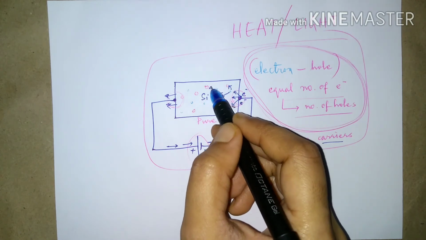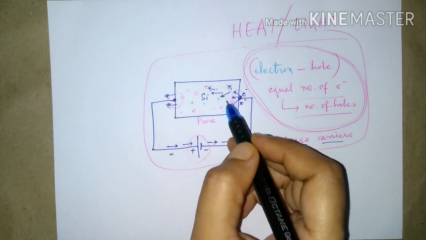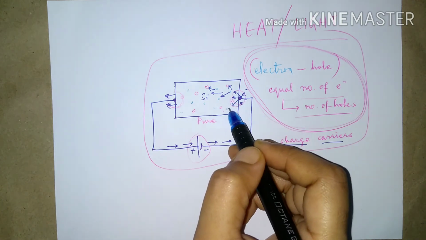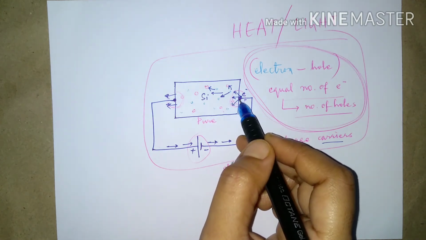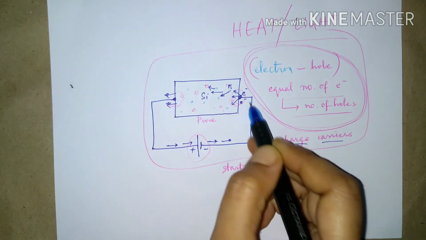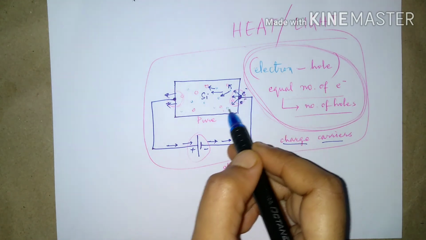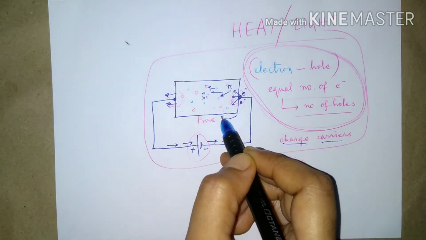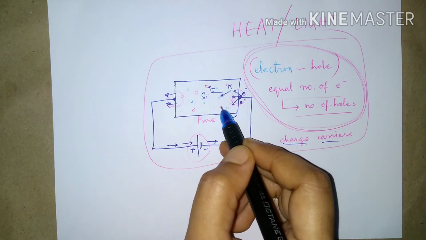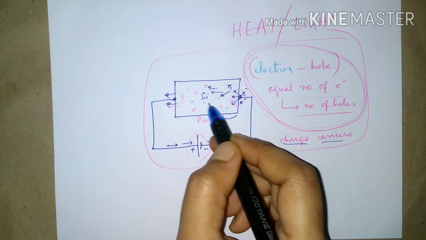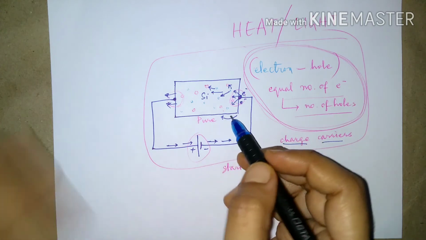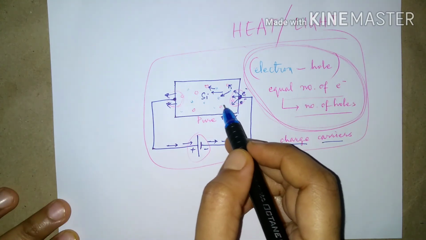Whenever there is an electron which is getting repelled by this negative terminal, the electron gets into this hole, this electron gets into this hole, this electron gets into this hole, and like that all electrons move towards the hole.